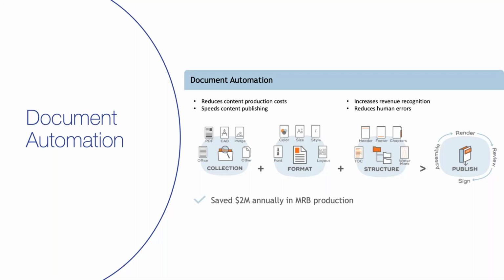And you have eliminated human error by automating these different processes. We've had customers save over $2 million annually by deploying this document automation solution. It reduces time and effort of automating documents, compiling them, transforming them, and putting them into a controlled publishing process.